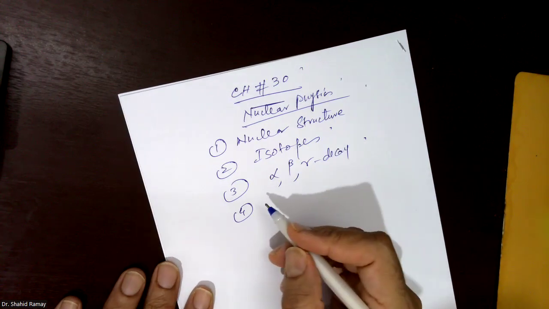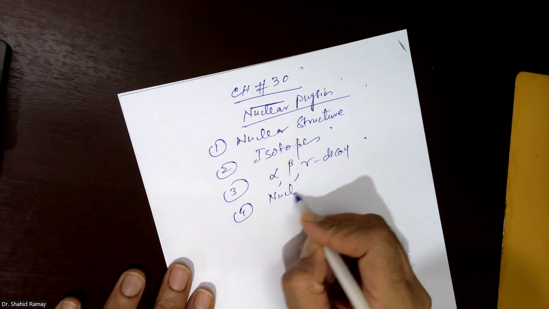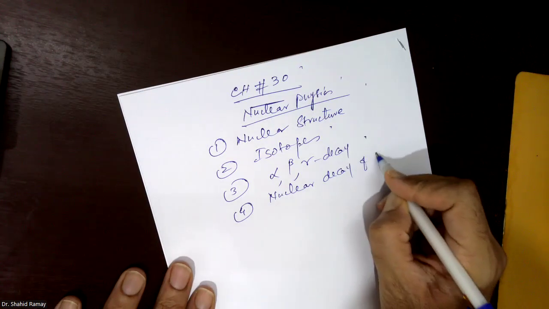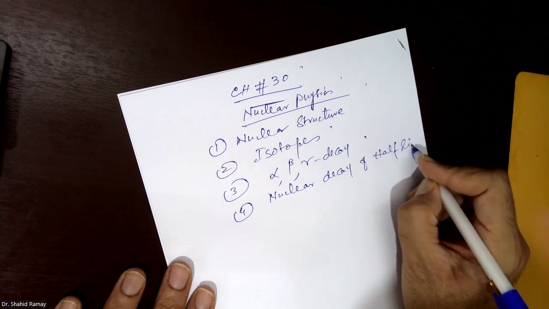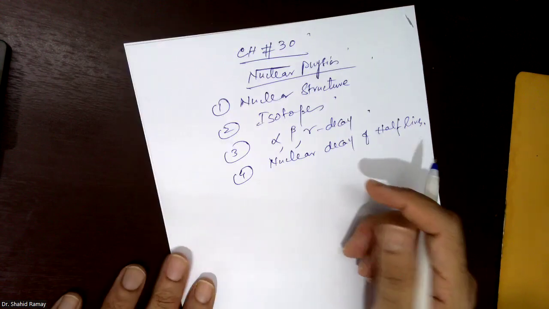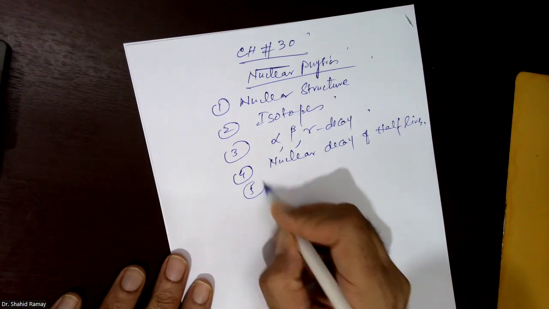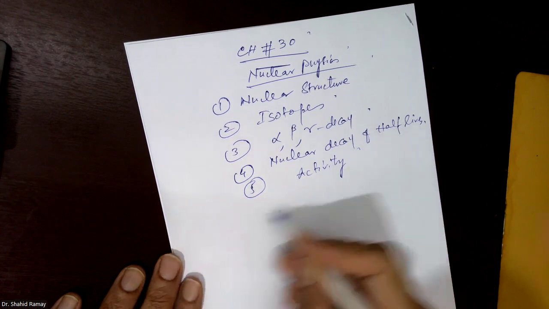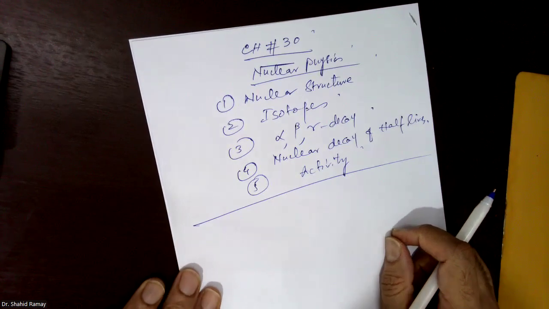Number four is nuclear decay and half-life. And also in this chapter, we will discuss the activity. So these are the topics in this chapter.